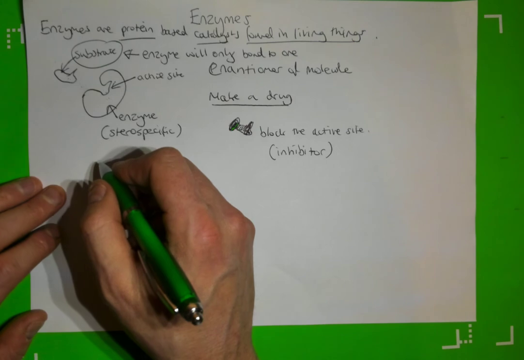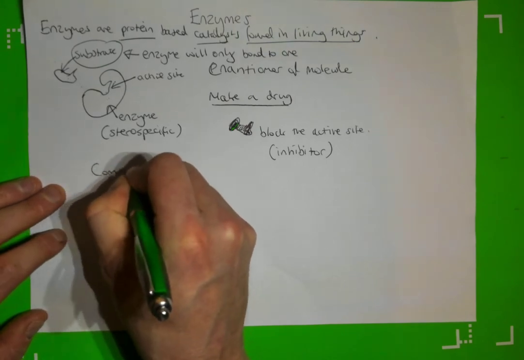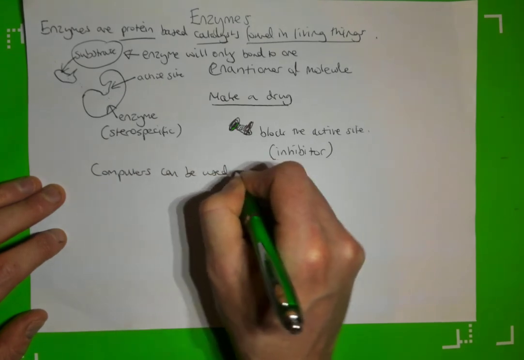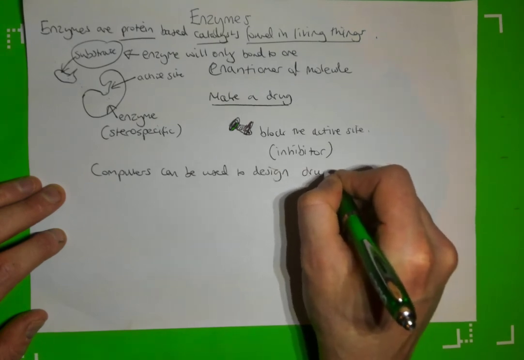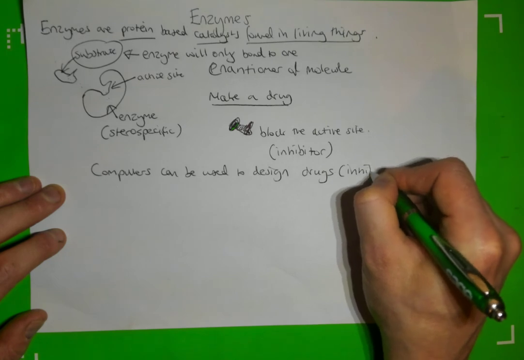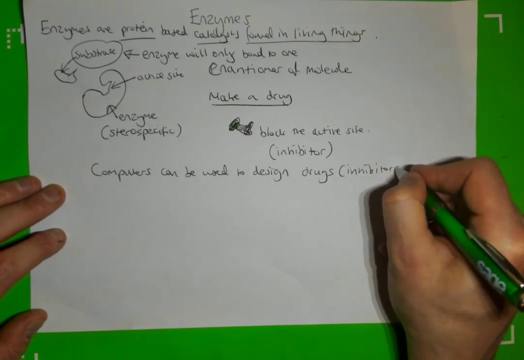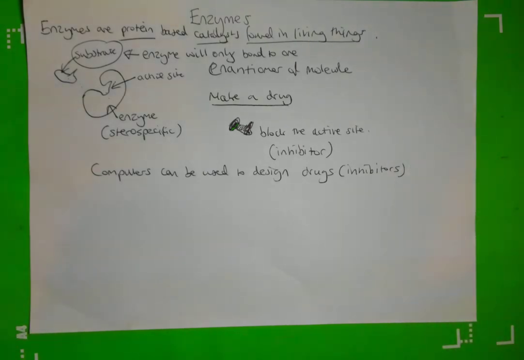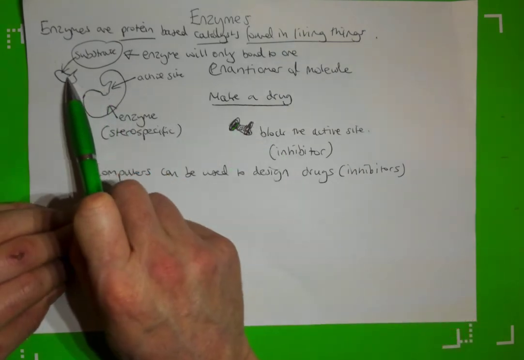Now, computers can be used to design drugs like this. So increasingly chemists are beginning to understand the factors that influence the shapes of these molecules.